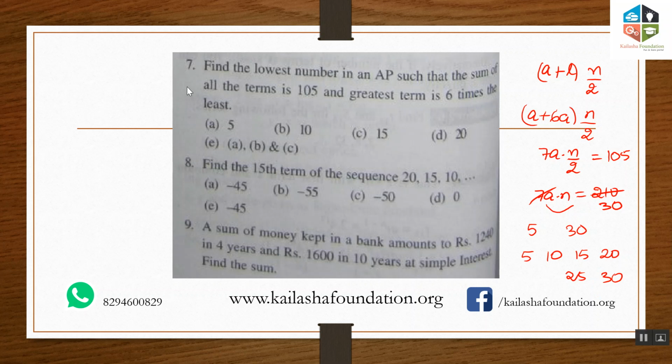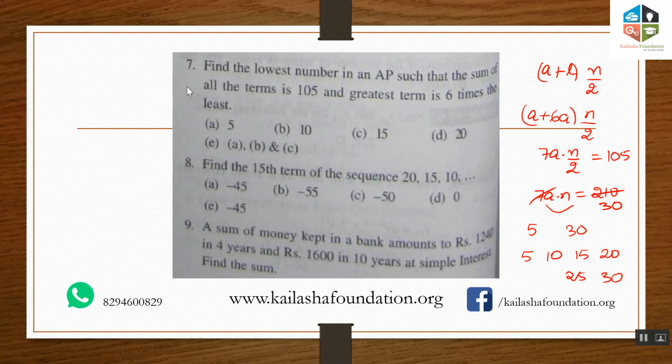The sum is 105. The greatest term is 6 times the least. Okay, and this is what this question wants to ask. That means we have to rectify this question.